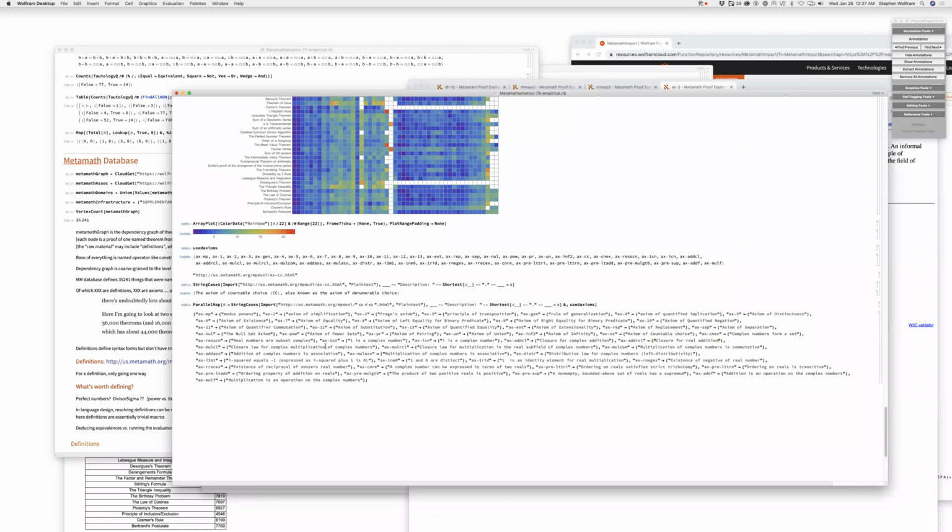Closure for complex multiplication. Closure for real multiplication. Complex multiplication commutativity. Commutativity of complex multiplication.